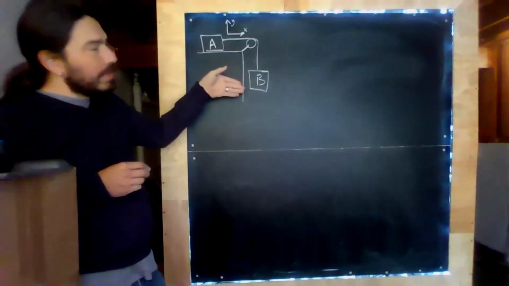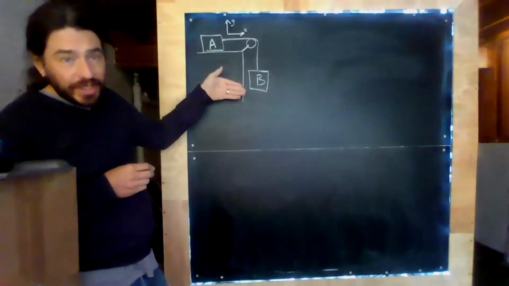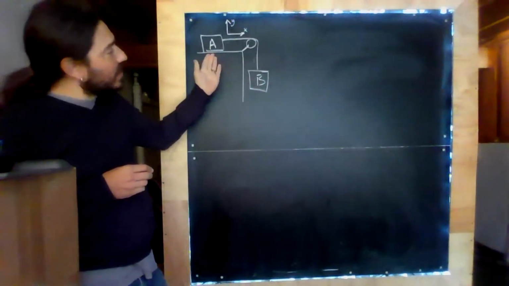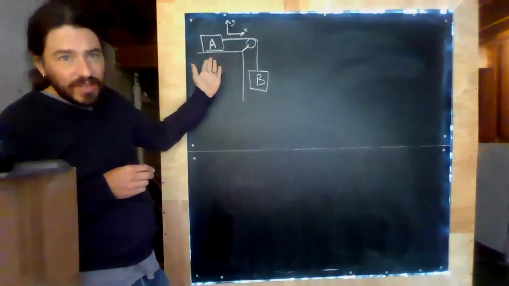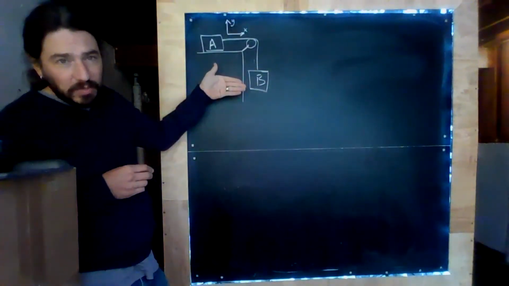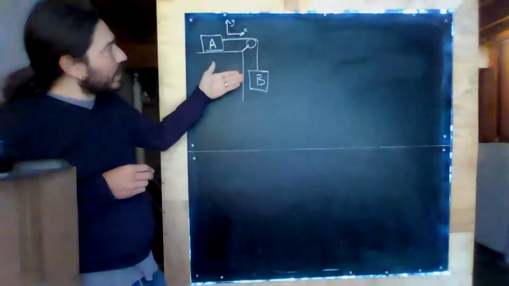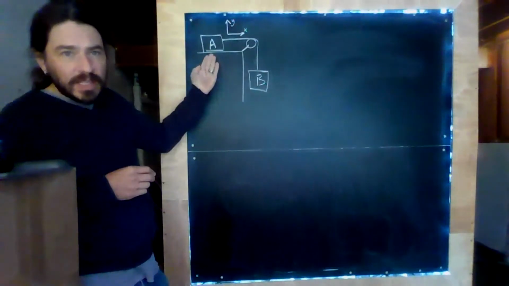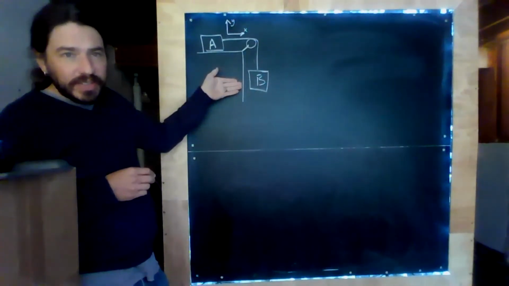The acceleration of block B will be in the negative y direction. Since our rope cannot stretch, the magnitudes will be identical. So the magnitude of the acceleration of A is the same as the magnitude of the acceleration of B. But with a standard coordinate system, they will have opposite signs. This will have a positive acceleration. This will have a negative acceleration.